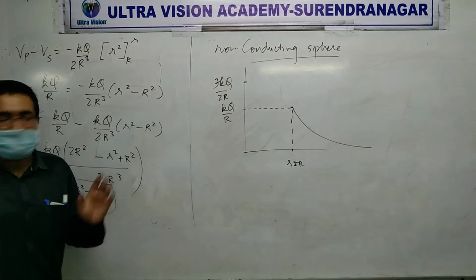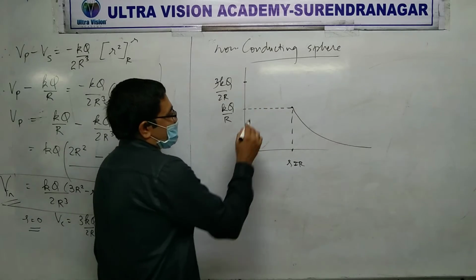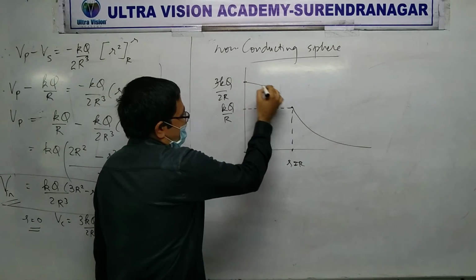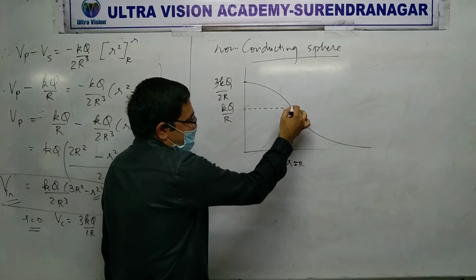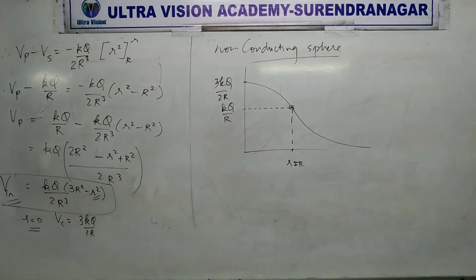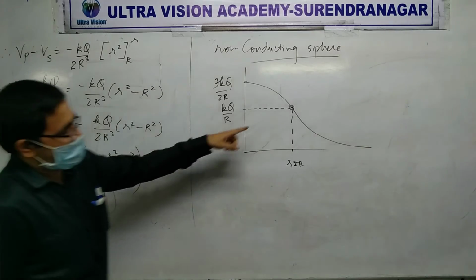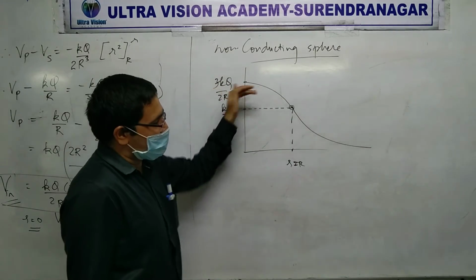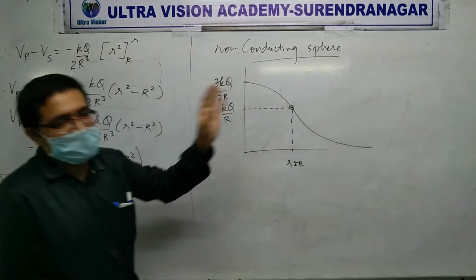So from here to here we have to join smoothly, so basically at this point there should be no corner. The slope must match. Draw it.